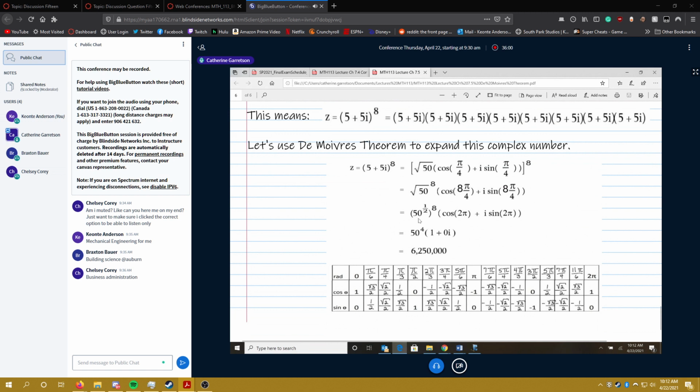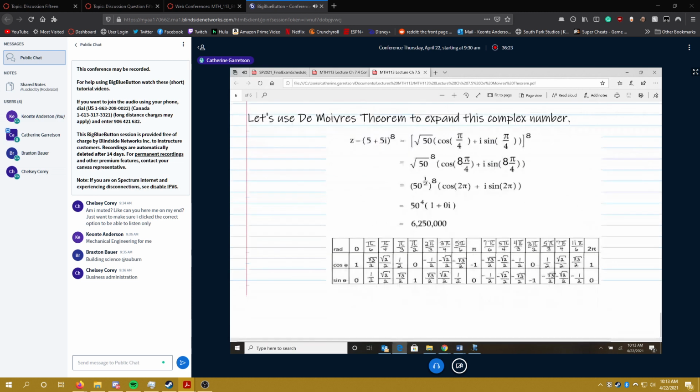When I have a number raised to a power, which is also raised to a power, so a power raised to a power, I multiply my exponents. That's going to be 4. 50 to the 4th power is this big number. So this is the answer you get by using DeMoivre's.